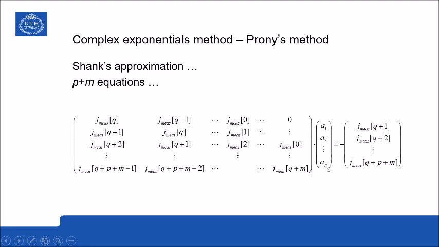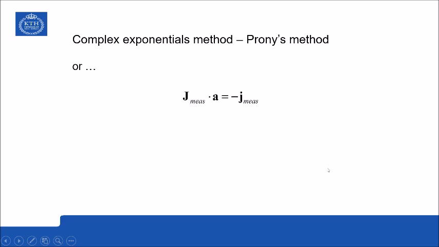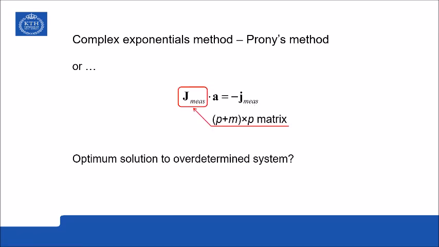If we formulate it in a more compact way, we have the system matrix built up from measured samples of the impulse response function, the unknown coefficient vector A, and the right-hand side vector, which also consists of sampled impulse response function data. Our task now is to solve this in an optimum way. How do you do that?